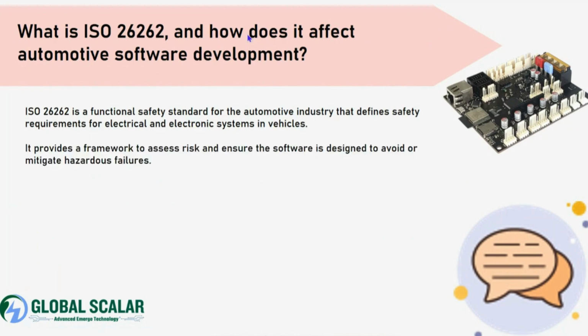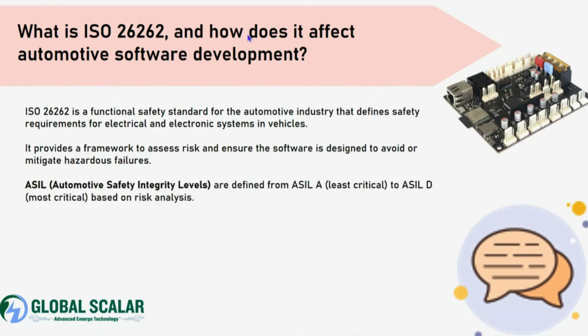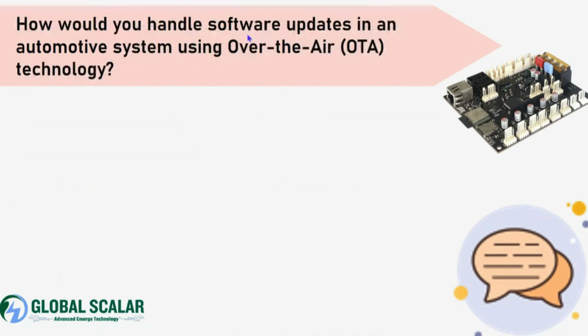It provides a framework to assess risk and ensure that software is designed to avoid or mitigate hazardous failures. It is standardized with ASIL, Automotive Safety Integrity Level, which ranges from ASIL A to ASIL D. ASIL A is the least critical and ASIL D is the most critical, based on the risk analysis.